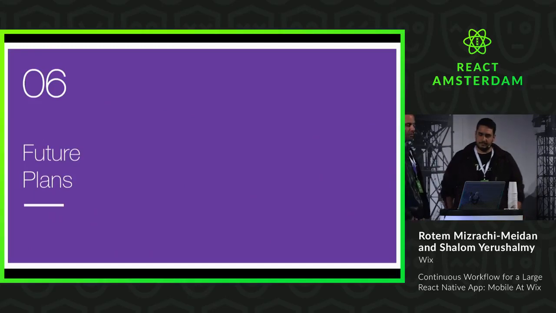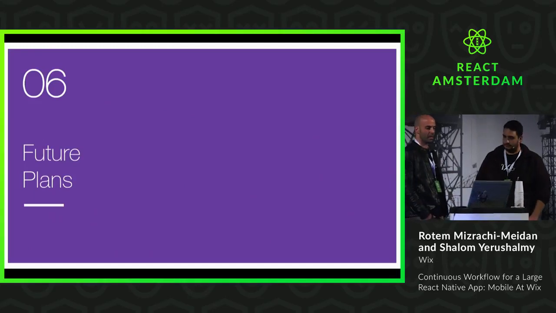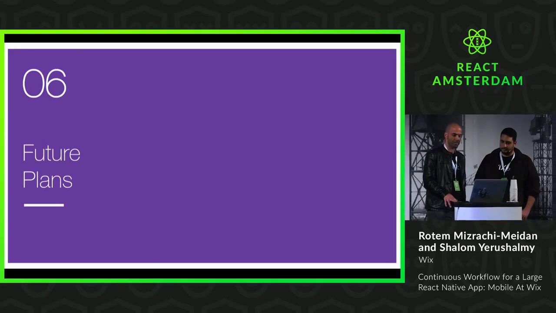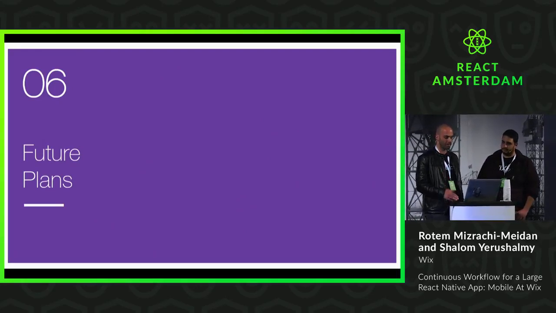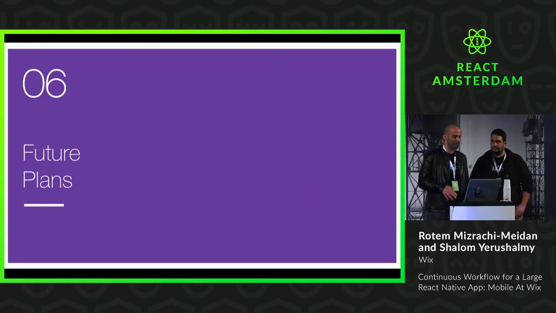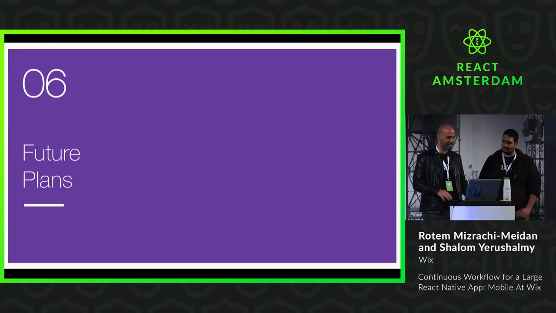So a bit about our future plans. As we said, things are not perfect for us, and we strive to automate as much of the process as we can. We call this process zero QA, or by the more practical name, approximately zero manual QA, because you cannot get zero.